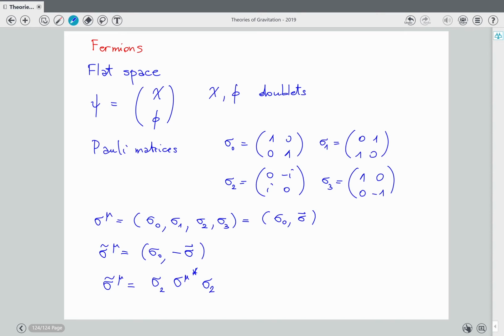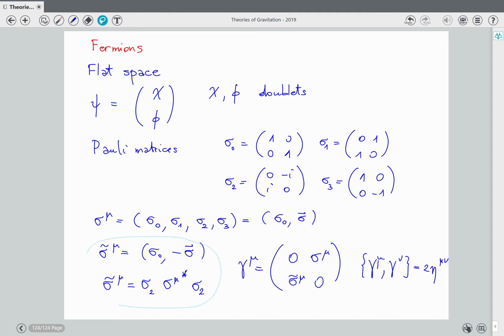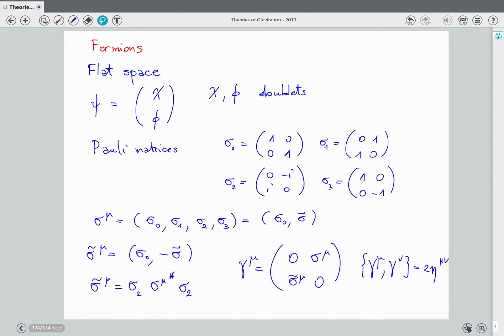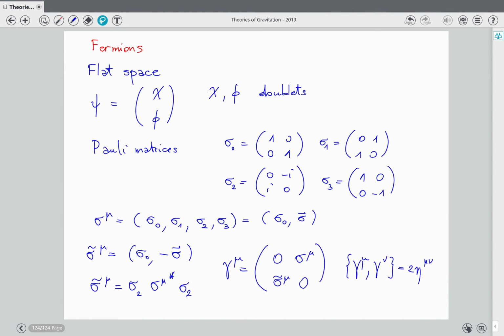Then you can define the gamma matrices as follows, which satisfy the Dirac algebra with eta mu nu.